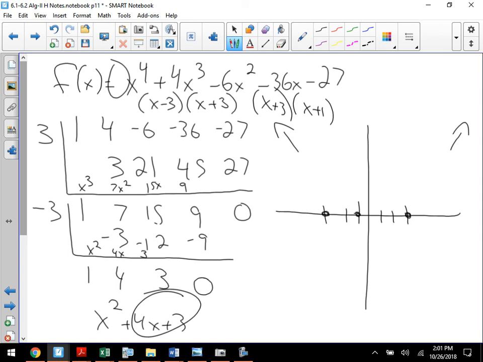So it's x plus 3, x plus 3. But when you graphed that, how many times did it touch the x-axis? Just once. What happened was it changed direction at -3. It did this. Remember that? Because the tails are up, up.